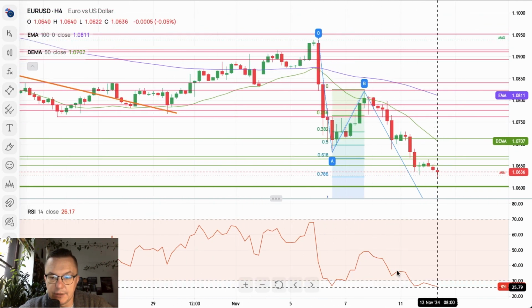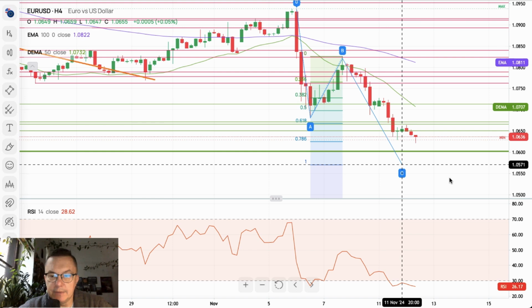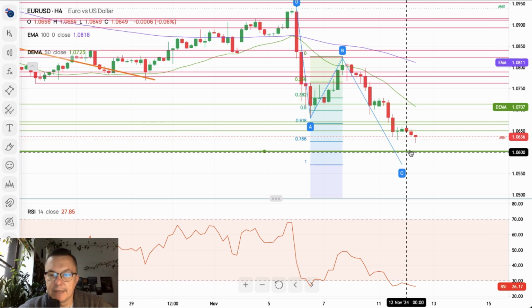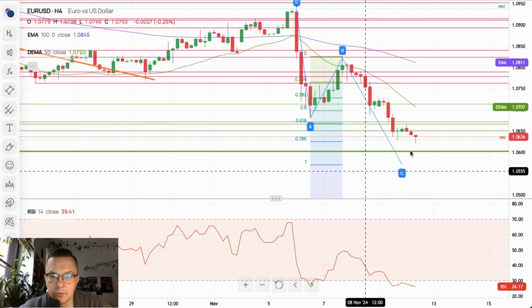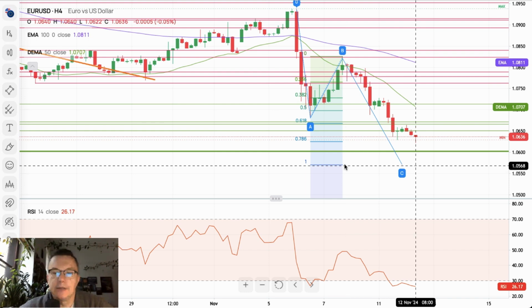However, there is a new low here on the RSI and new low on the chart, so there is no divergence just yet, and we should see the ABC movement down below the level of 1.0602 down towards let's say 1.0570. Okay, this is the projected target for the wave C.